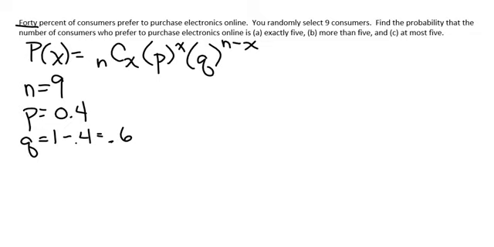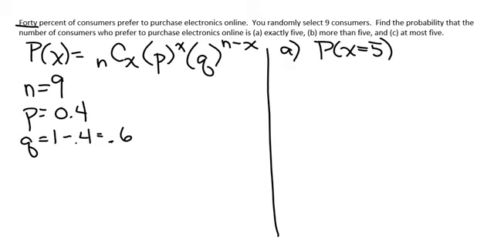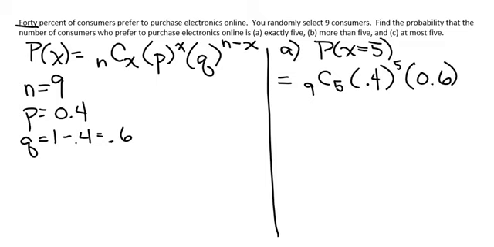Now let's look at part A. Part A is asking for exactly 5. So let's plug our numbers into our formula: 9 choose 5, times 0.4 to the 5th power, and then 0.6 to the 9 minus 5 power.